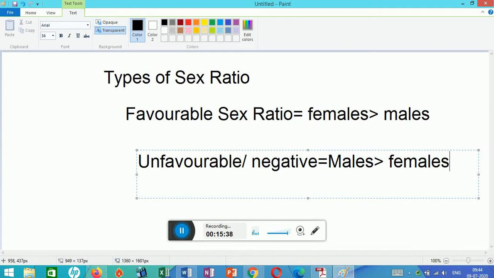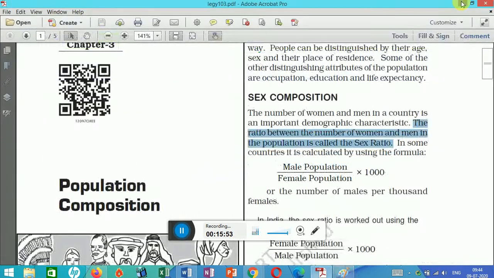Okay, so in case of unfavorable or negative sex ratio, the number of males is greater than the number of females. So these are the two types of sex ratio generally we find in population geography.